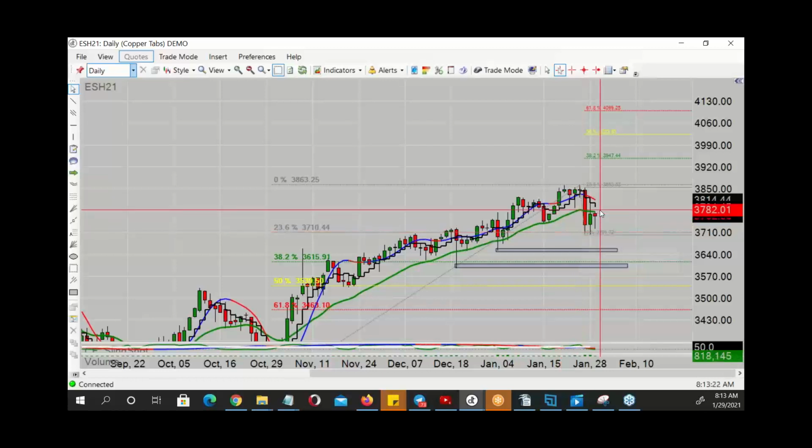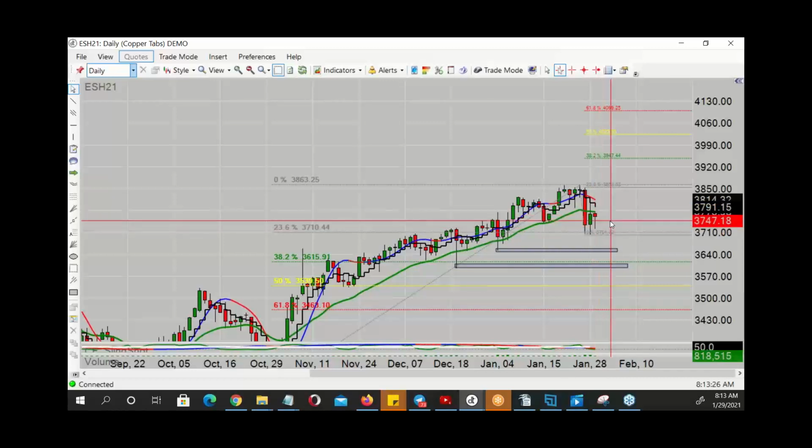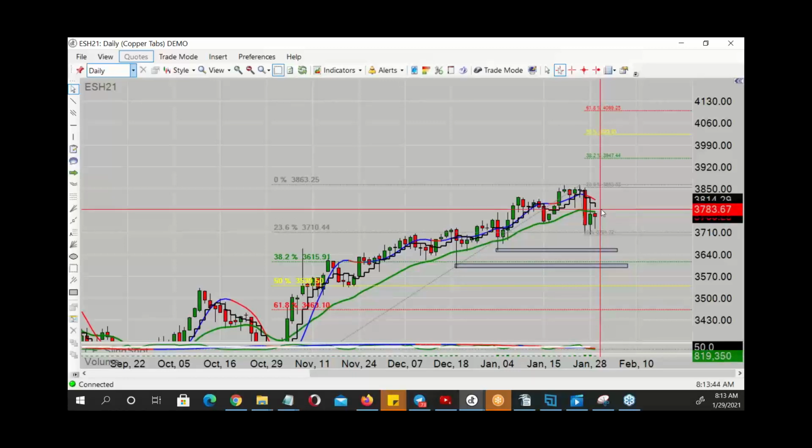If we get on the other side of the BBC, and buyers are trying to run it up right now, that's what this wick's all about. At one point during the session, this was just a huge red candle. Buyers have come in, they've driven it up. They can get on the other side of the BBC. Overhead resistance is going to be the step line and then red and falling.